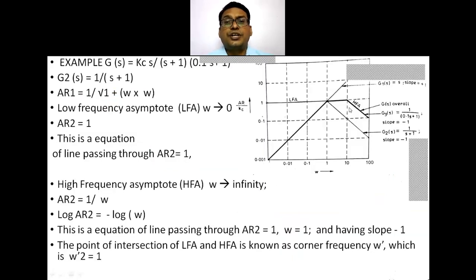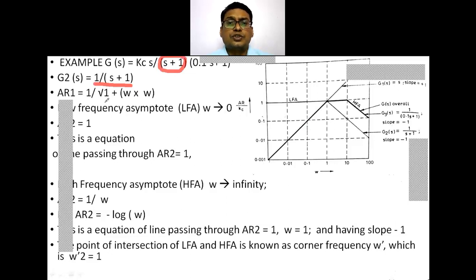Then the next is 0.1 s plus 1. The transfer function is 1 upon s plus 1. This is my second transfer function. For this, tau is equal to 1. So my amplitude ratio is 1 upon under root of 1 plus tau omega square, and tau is 1, so it is simply omega square.